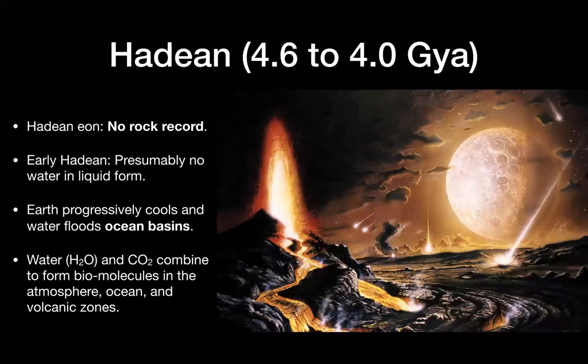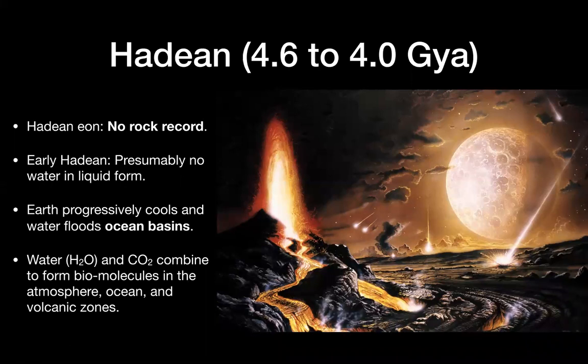We start the history of life on Earth in the Hadean, with the formation of the oceanic and continental crusts. The Hadean is formally defined as the period of Earth's history for which we do not have a rock record. Hence, by definition, we have no record of life in the Hadean.